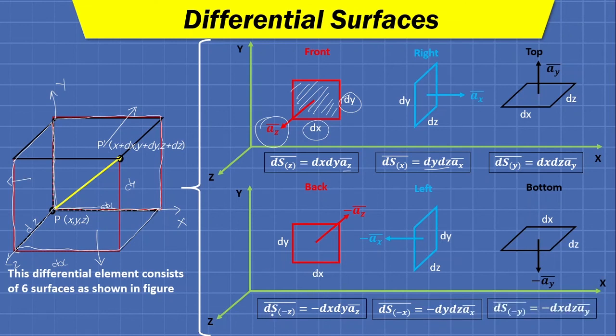So here ds minus z represents the differential surface in the direction of negative z, that is the back surface. So dx dy will be the magnitude of that area, and minus az, so this minus I have written in front, so minus az is the direction of this surface.